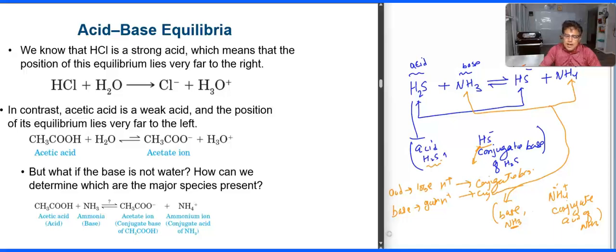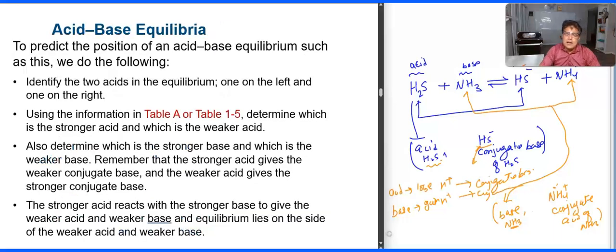In this case, I instantly recognize this is the base, because it is negative in charge, and this is the acid because it is positively charged, H plus. Here, the one which has hydrogen is the acid. So first of all, we have identified them.